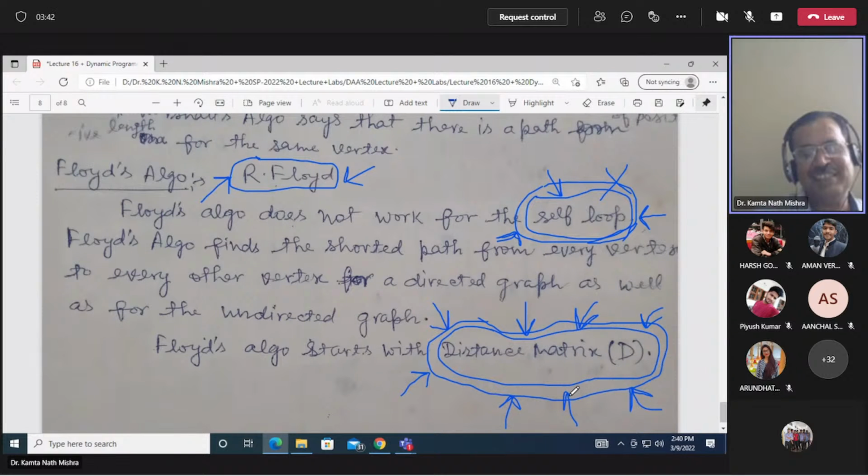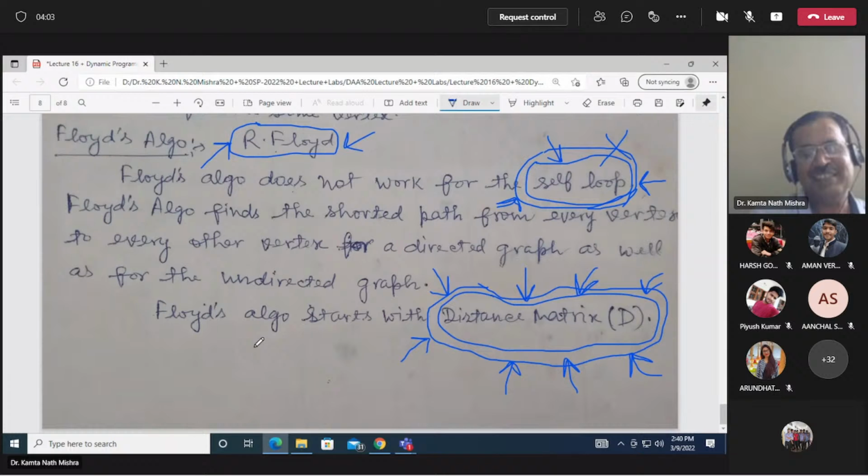Other things will remain like Warshall's algorithm. Whatever rules we discussed in Warshall's algorithm, the same rules will be used here in Floyd's algorithm, but always the left diagonal will be zero.